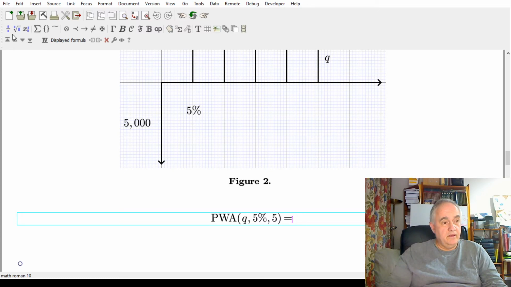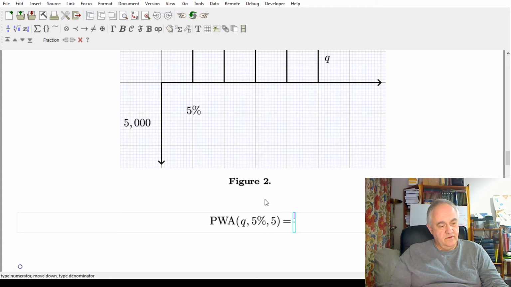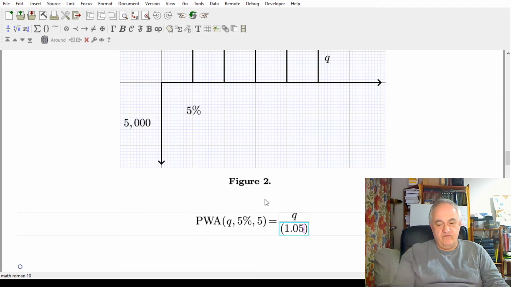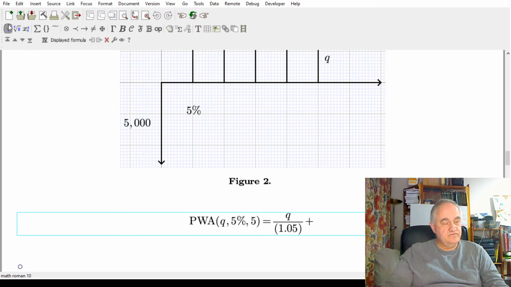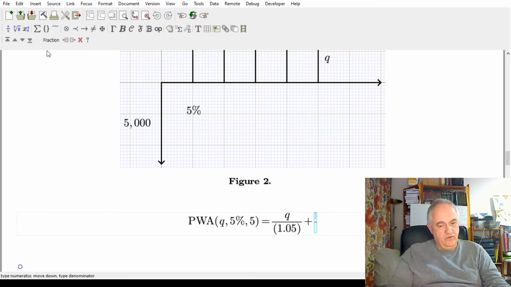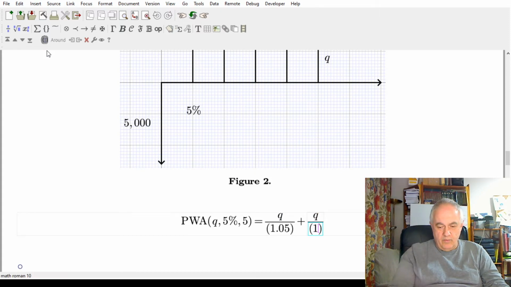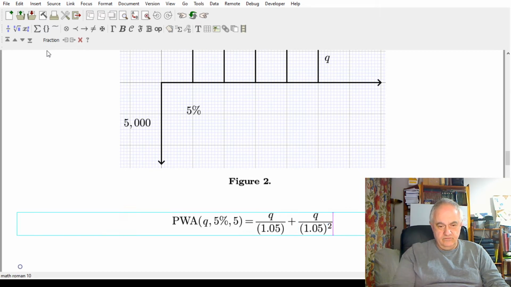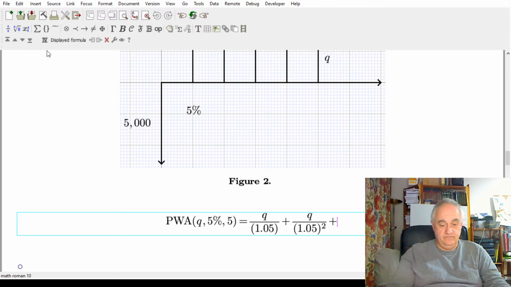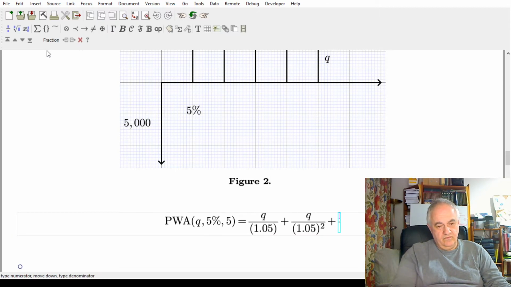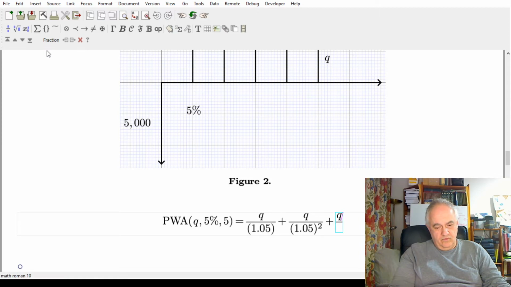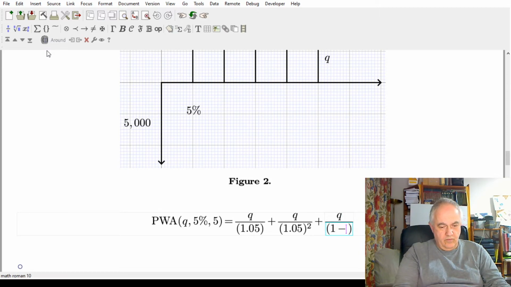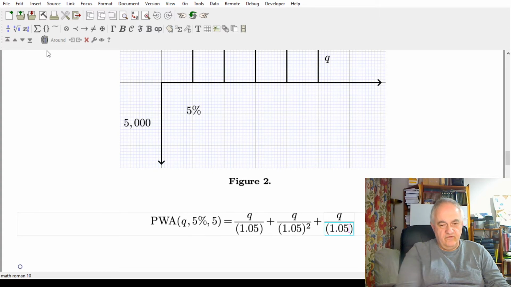This will be the fraction Q over 1.05 for the first one, plus Q over 1.05 squared for the second, plus Q over 1.05 cubed for the third.